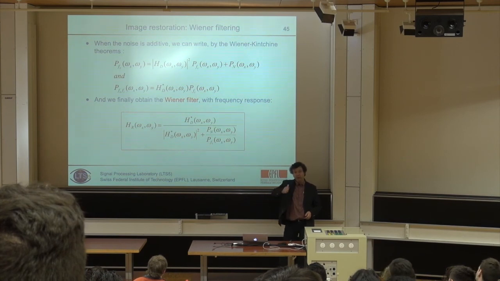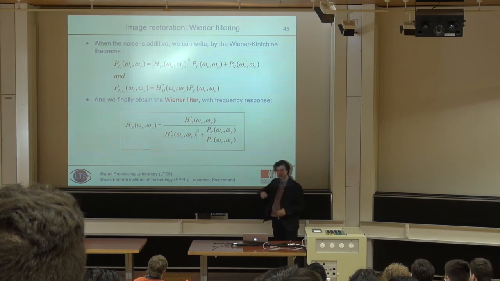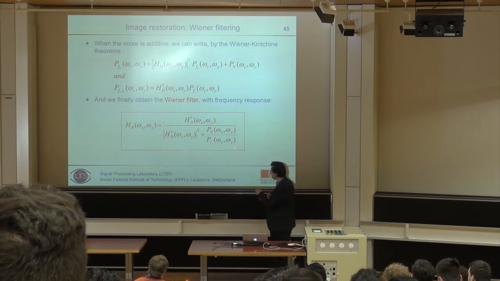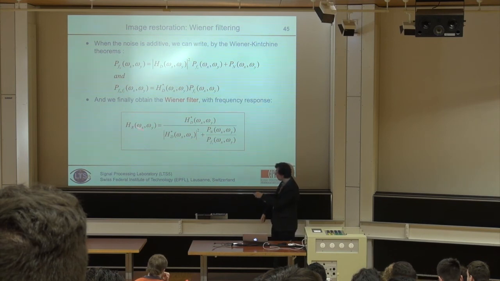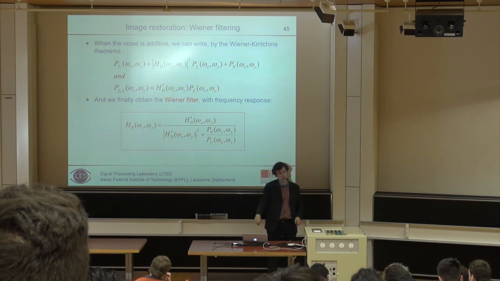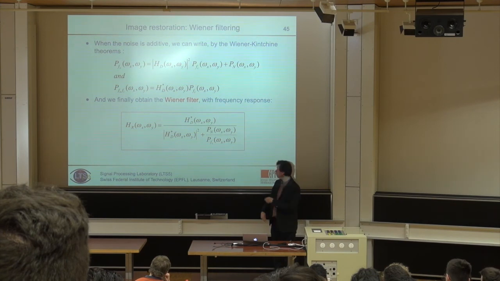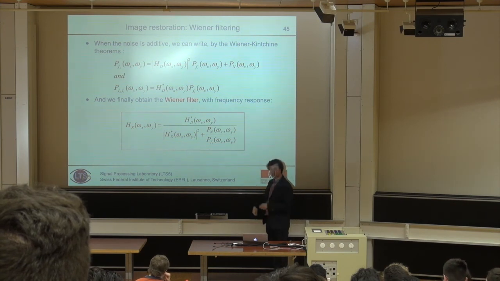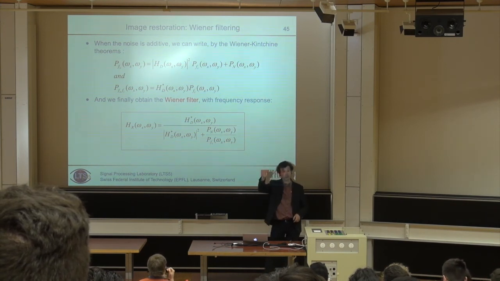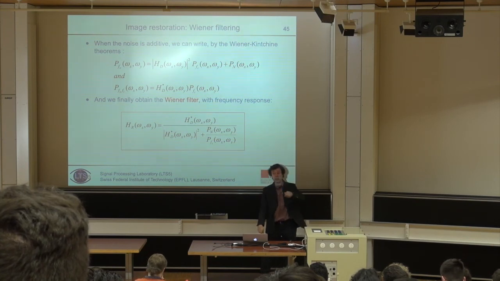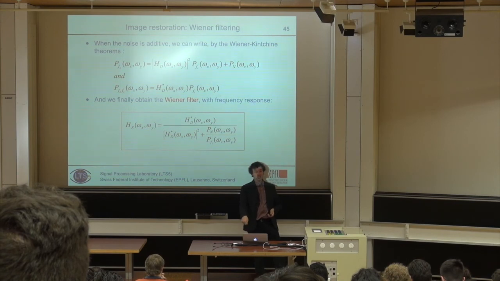So instead of being an inverse filter, for those frequencies where you have significant noise, this term becoming big, the value tends to 0. This becomes big, so the whole thing becomes small. So at those frequencies where you have high noise, the coefficient of the filter, the amplification factor, becomes very small. Instead of being the inverse, it becomes 0. It doesn't amplify, it puts the value to 0, it filters.